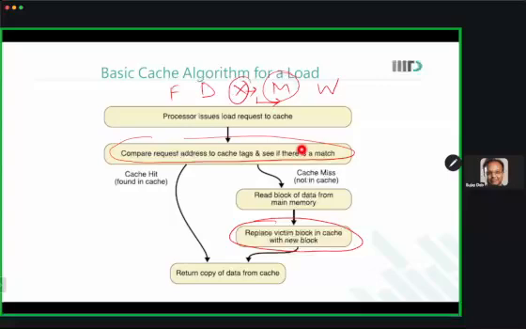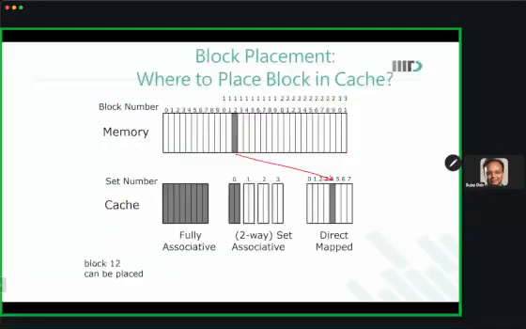On the other hand, in a fully associative cache, the block could be anywhere in my cache. So to figure out whether the data the processor is requesting is there in my cache or not, I have to look at all possible slots in the cache.